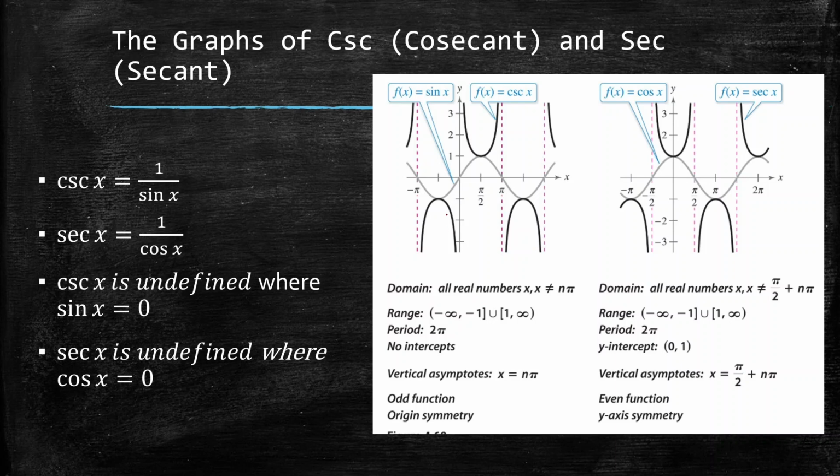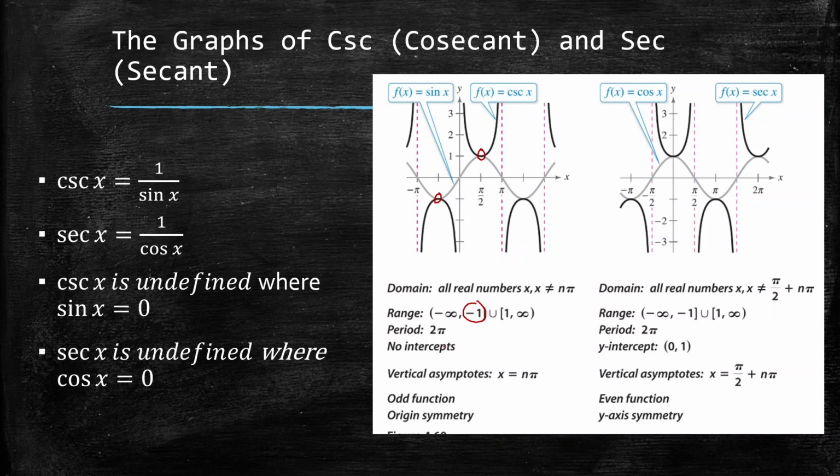So my range, remember, I'm going up to whatever this peak is here, and then in union with whatever this point is here. In the parent function, these are 1 and negative 1. So whatever the amplitude of my sine function is going to be my starting point for my cosecant function. Period is 2 pi.